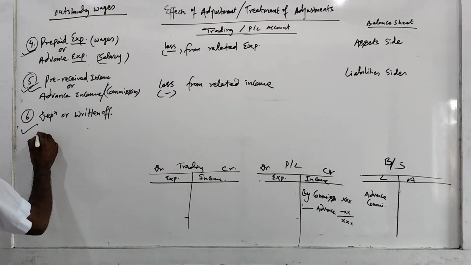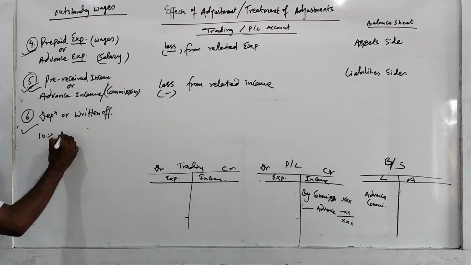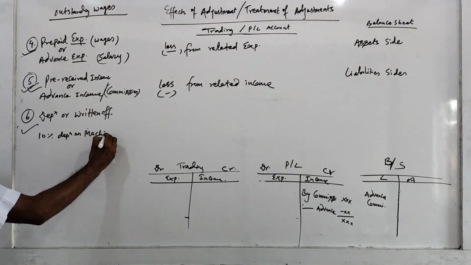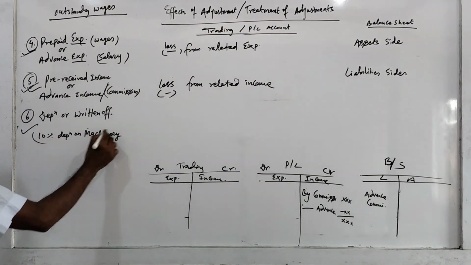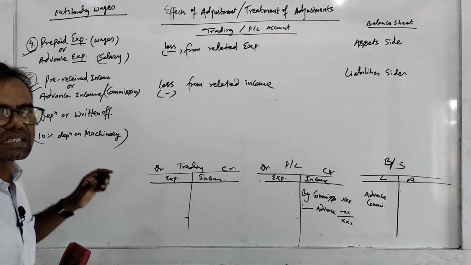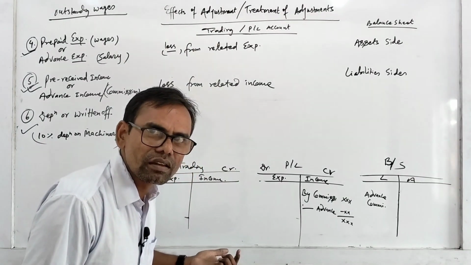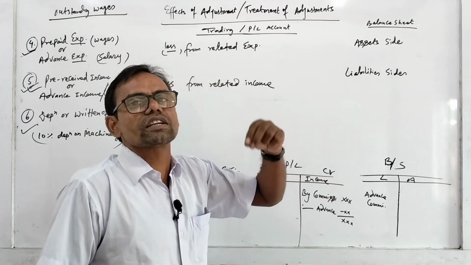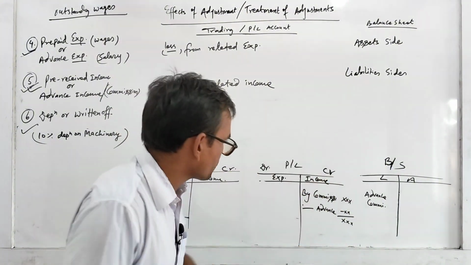Suppose there is written 10% depreciation on machinery, that may be 10% machinery written off, 20% furniture written off, or depreciation 20%, both are same thing.